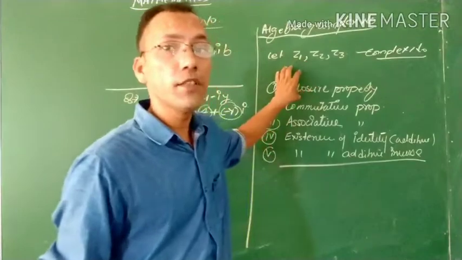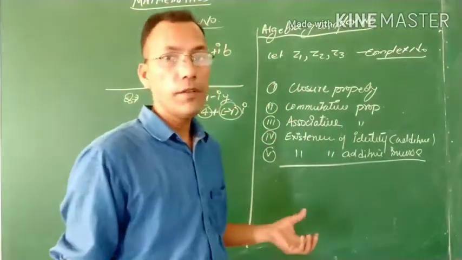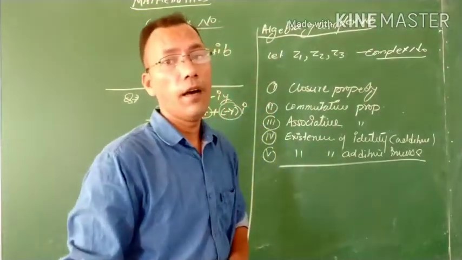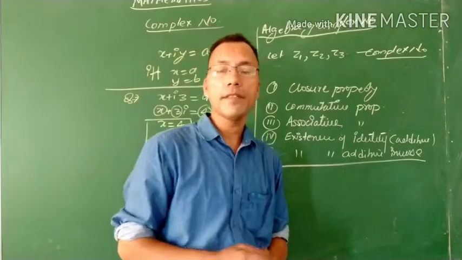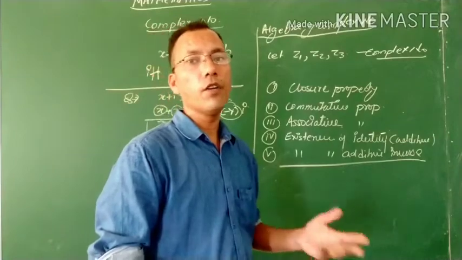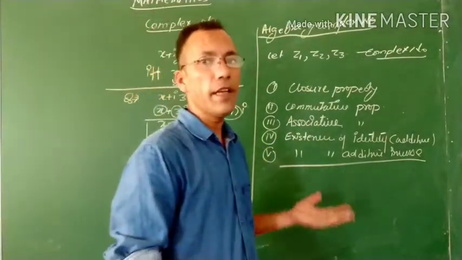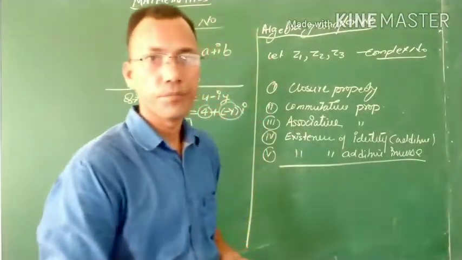That property is called closure property. But irrational number minus irrational number is not necessarily irrational, so closure property does not hold there.